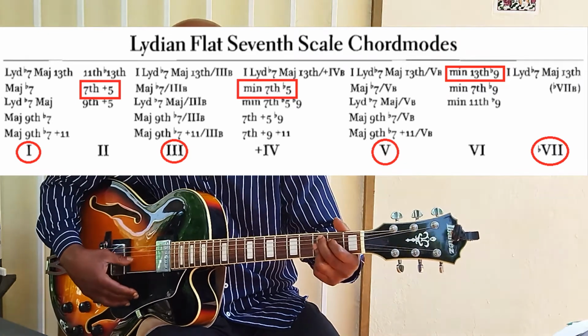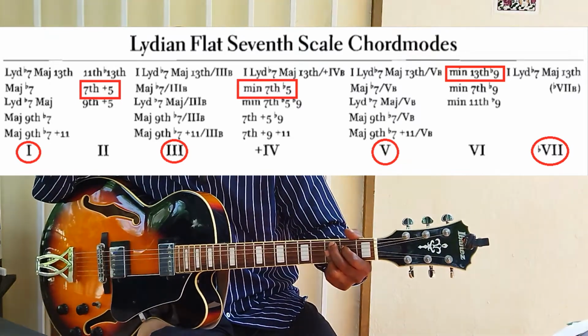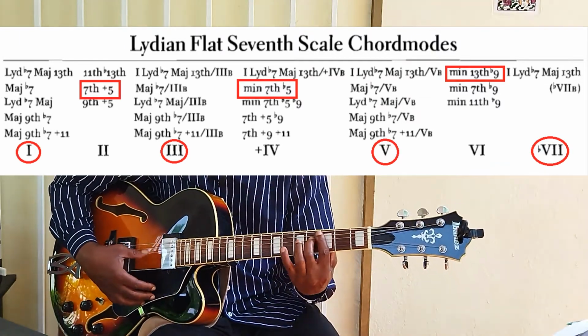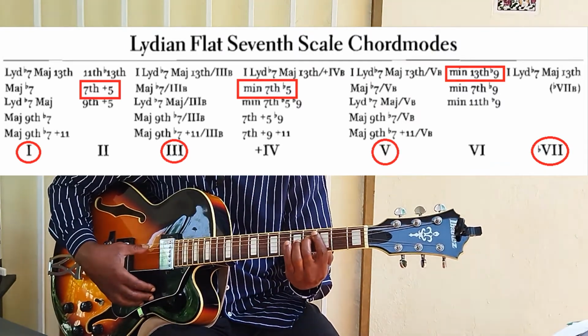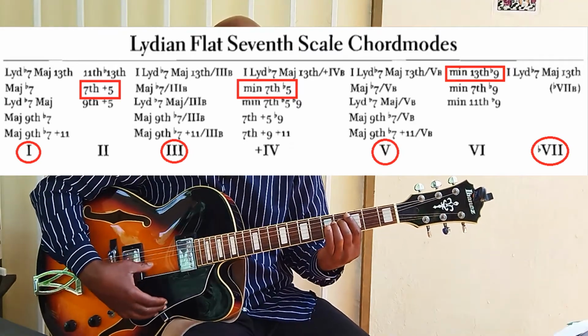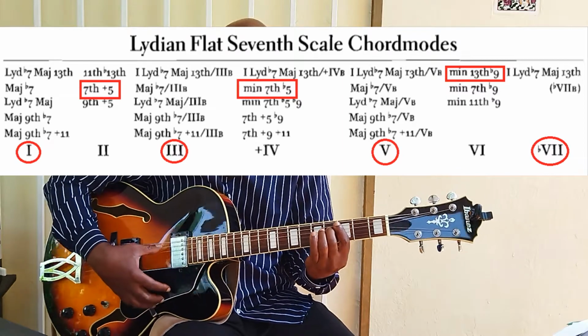And after the 9th, we have the 9 sharp 11, right? That's a sharp 11, and that's the 9. So you have the 9 sharp 11.